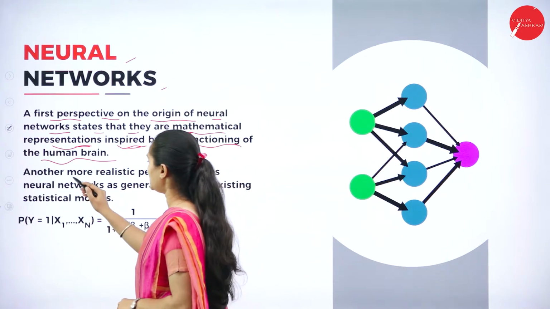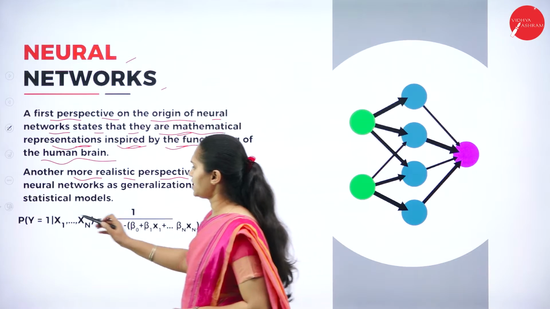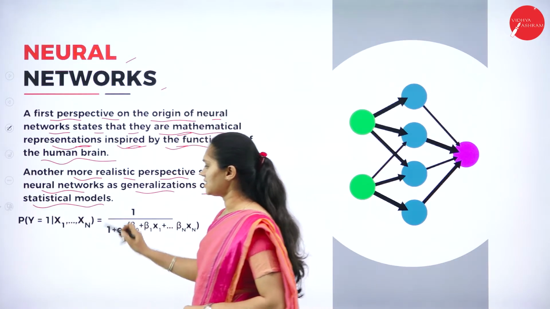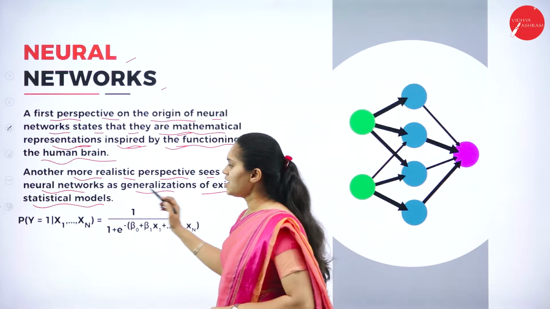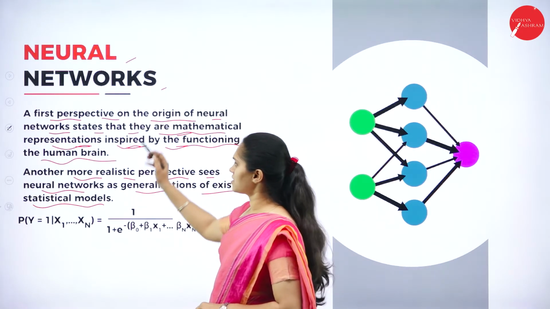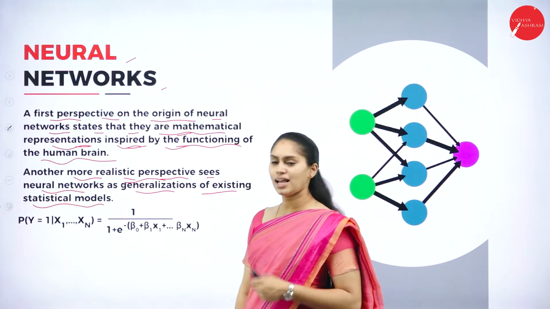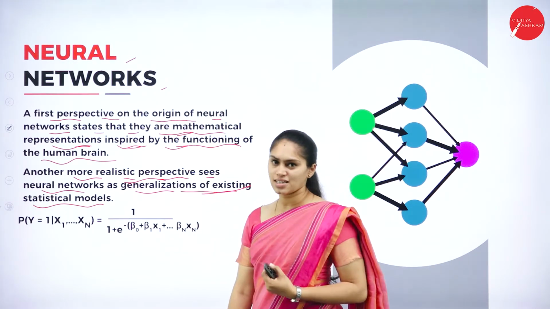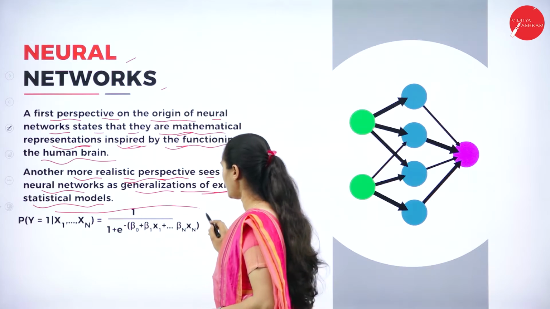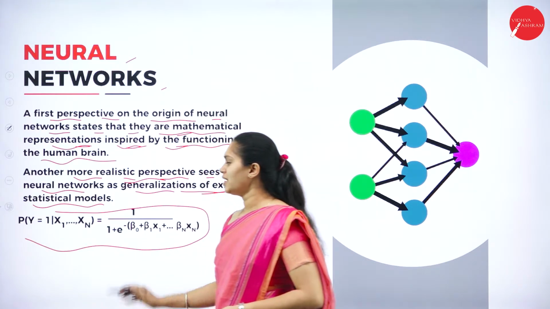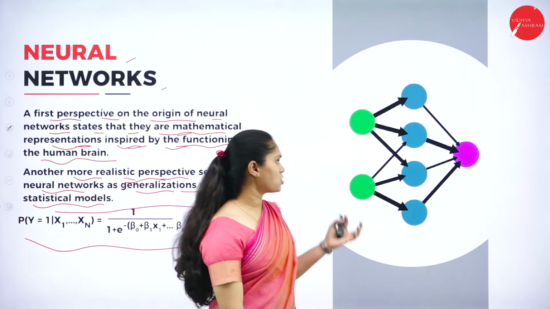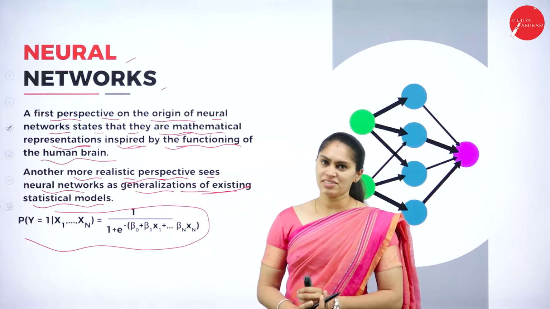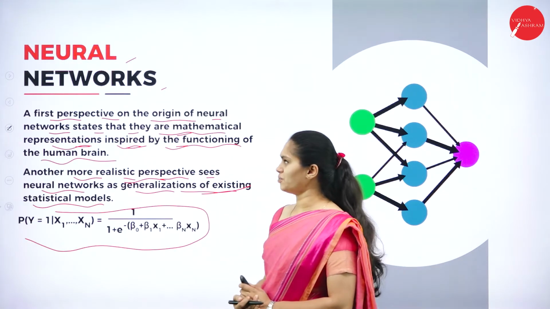Another, more realistic perspective sees neural networks as generalizations of existing statistical models. Already we have some statistical models, so the neural network will be termed as a more realistic perspective on these existing statistical models. Here we have the formula in order to get the neural network. You can see that it is just a mathematical representation of the activities or functioning of the human brain.